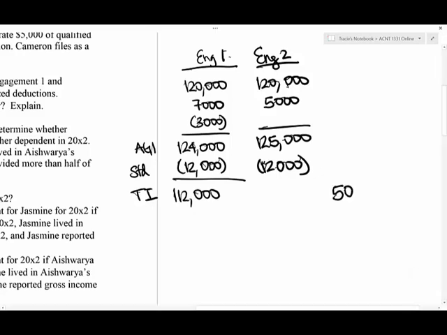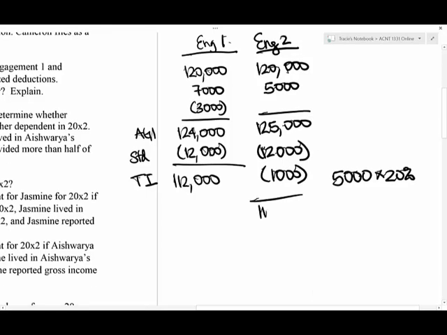So we'll take $5,000 at 20%, which gets me to a $1,000 QBI deduction, and it gets me to the same amount, $112,000. See how in engagement 1, he only made $4,000 net and came out with the same amount of taxable income. In engagement number 2, he received net cash of $5,000 and came out with taxable income of $112,000.